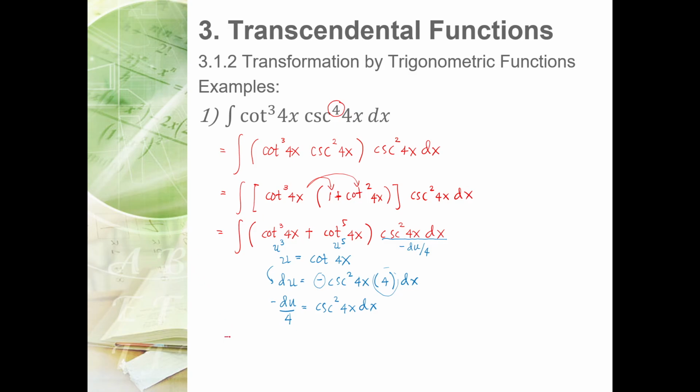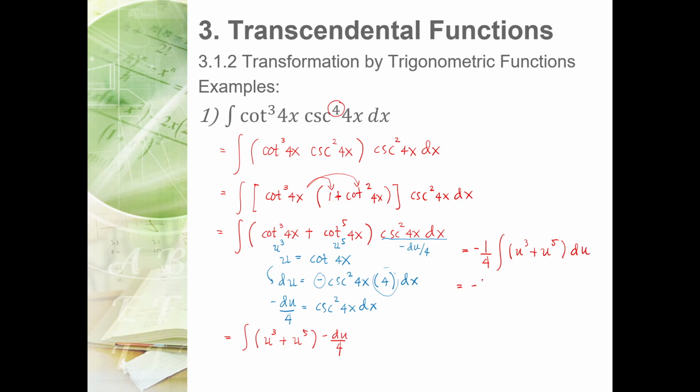Okay, so simplifying even further after applying the u sub technique, this becomes u to the power of 3 plus u to the power of 5, and then that's negative du over 4. So getting negative 1/4 outside the expression, we have the integral of u cubed plus u to the power of 5 du.